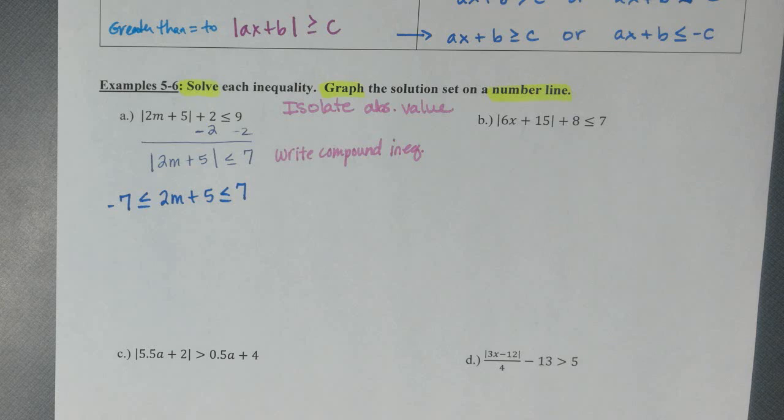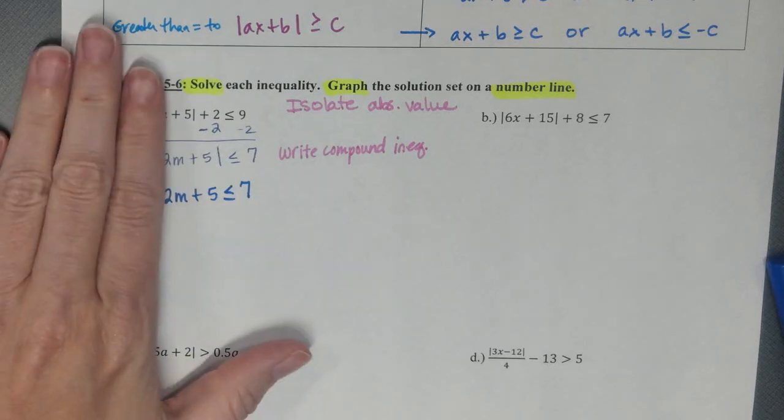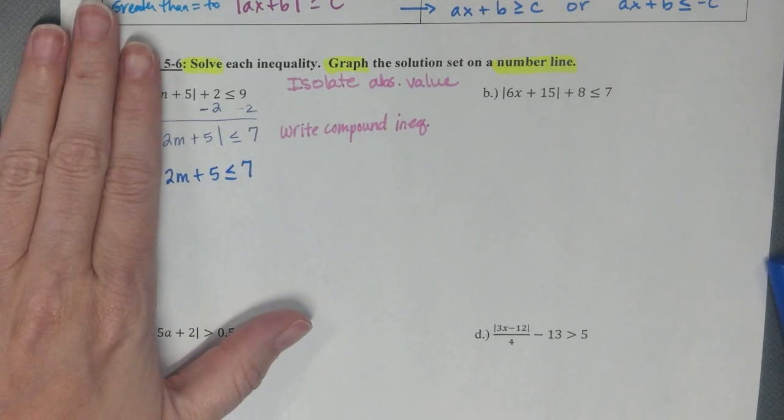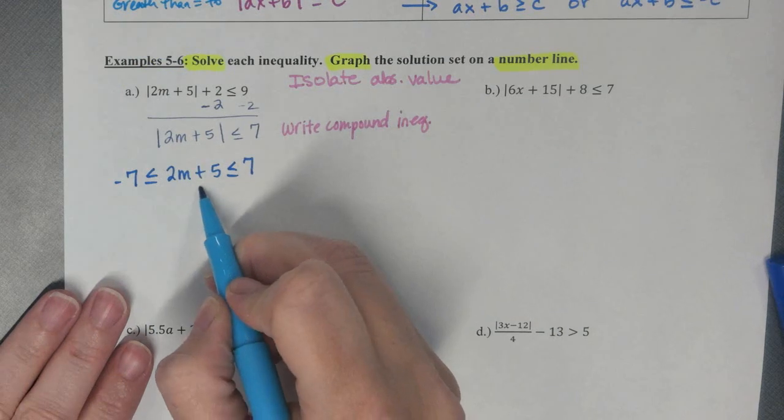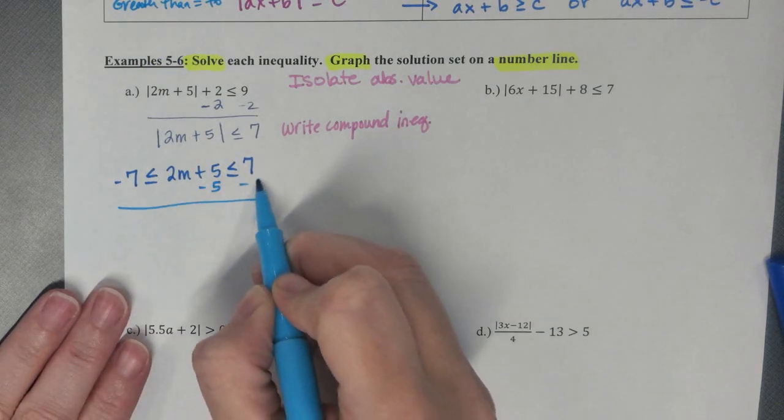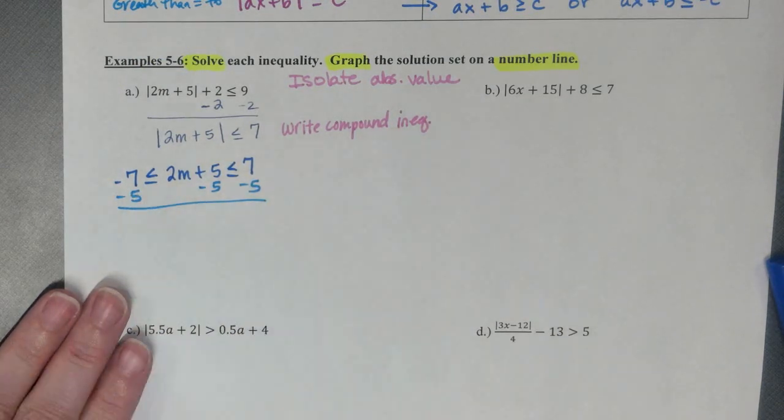Do you guys remember how to solve a compound inequality? If you had this, what would you do to both sides? Subtract 5. So now you just do the same thing, but you're doing it twice, on the right side and on the left side.